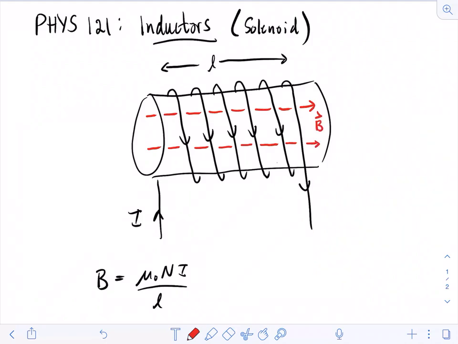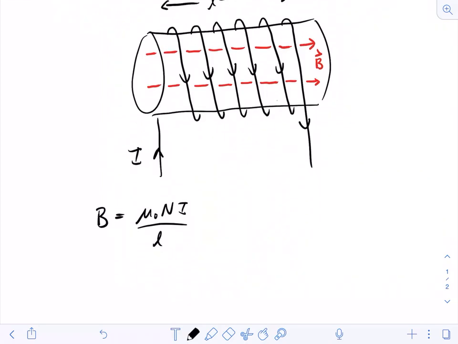And so there's our magnetic field. So the starting point is to calculate the flux through the solenoid due to its own magnetic field. So let's calculate the magnetic flux.